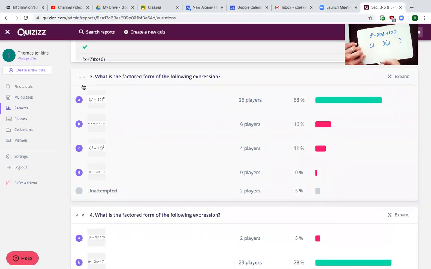All right, so what's going to multiply to give me 100? What's going to add to give me negative 20? The answer is negative 10 and negative 10. So d minus 10 times d minus 10, also written as that answer choice, d minus 10 squared. So that was that one.